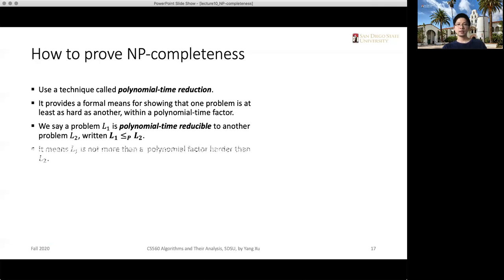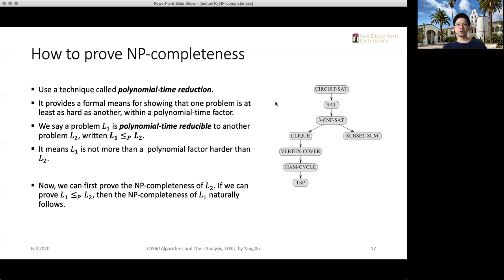So what we can do is convert a TSP problem, traveling salesman problem, to a Hamilton cycle, a vertex cover, a clique, a 3-CNF satisfiability, a satisfiability, and a circuit satisfiability. So we just need to prove the NP-completeness of the circuit satisfiability problem.